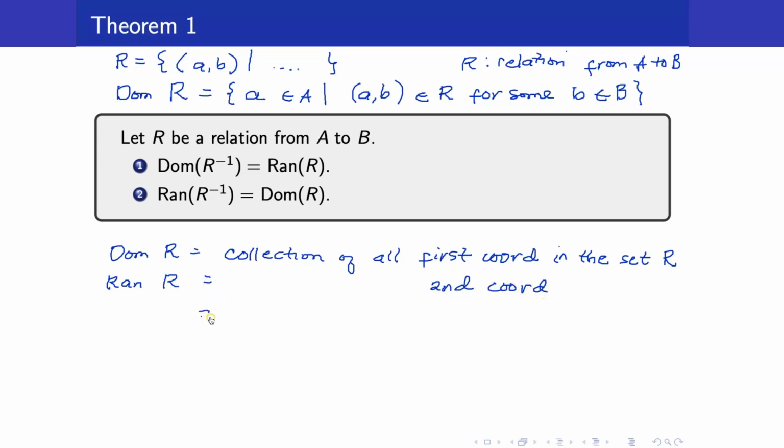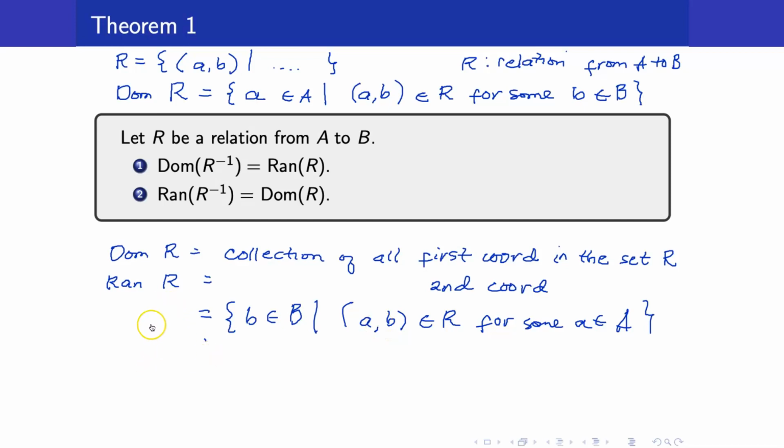Meaning to say the range of R will be consisting of all b in the second set such that, again, (a, b) is an element of R, but this time around for some a in A, because for you to be a second coordinate, there has to be a corresponding first element, correct? So let me just prove one. So for the proof of one, we are showing here that these two sets are equal.